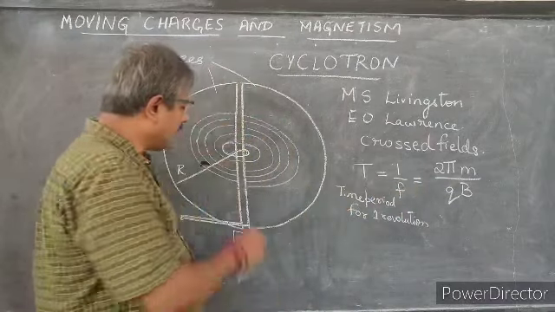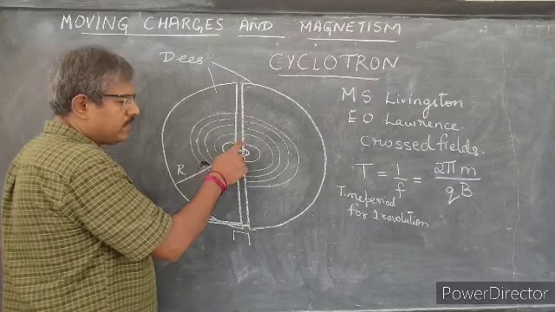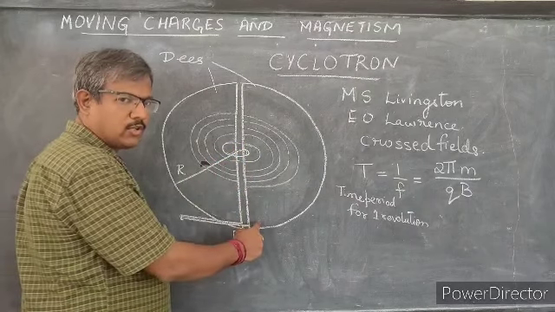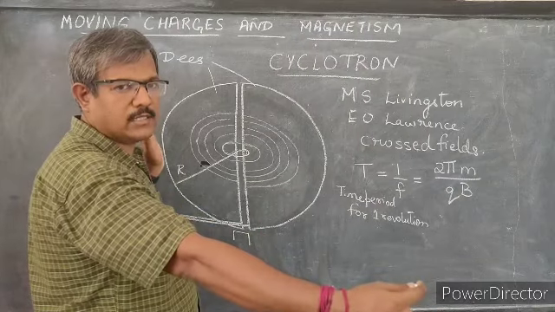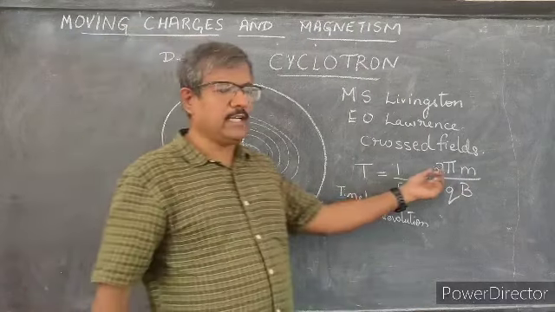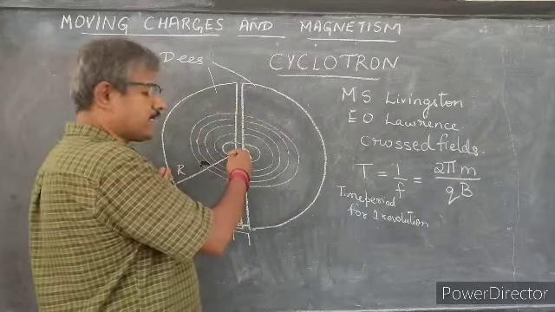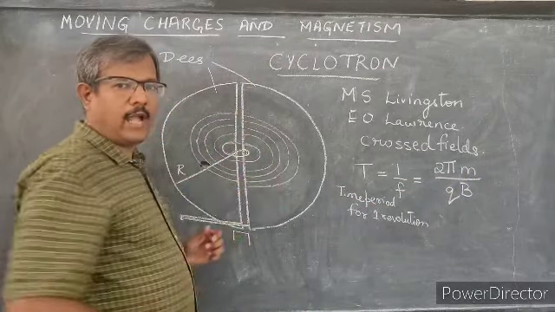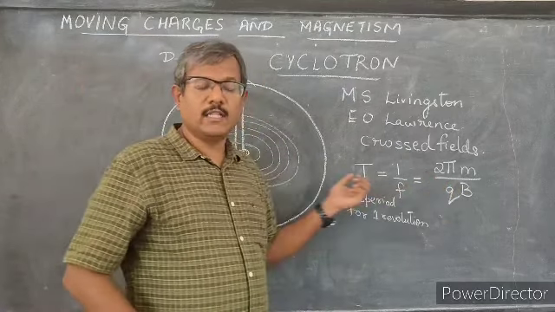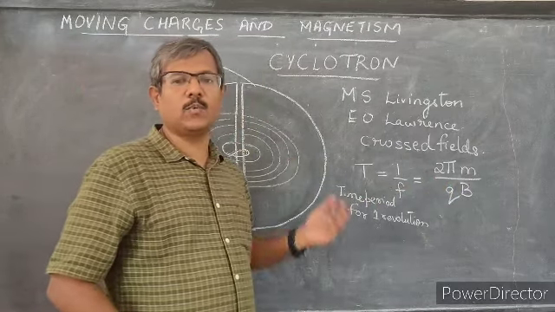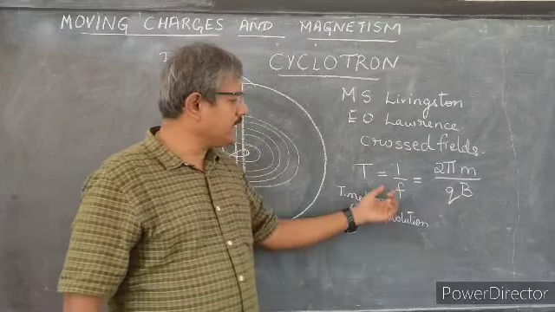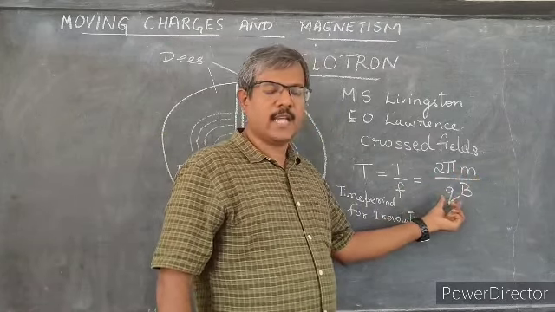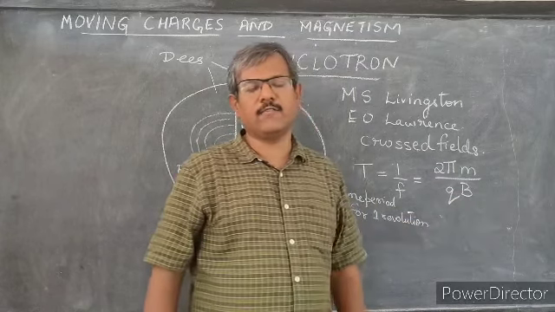No matter how big the cyclotron is, it's independent of the radius of the path, and also independent of the velocity at which the particle is moving, which means it's only dependent on its own mass, the charge on it, and the intensity of the magnetic field applied.